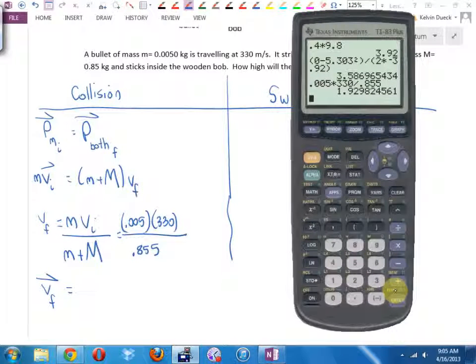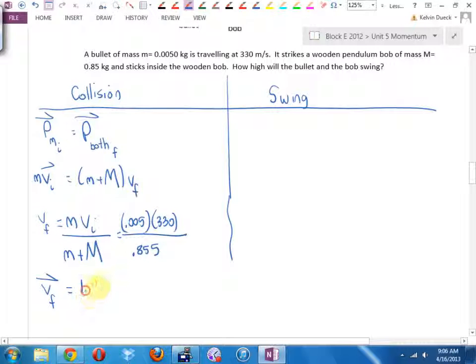Do you get 1.9298245614? Yeah? I'll go 1.9298, since this isn't my final answer. In fact, I'll keep this on my calculator. So I'll go 1.9298, not 99. 1.9298 meters per second.